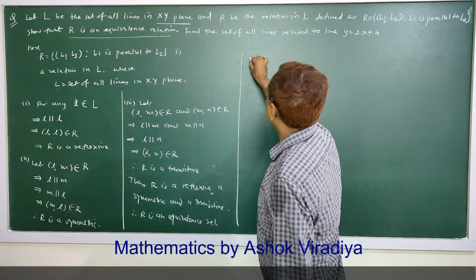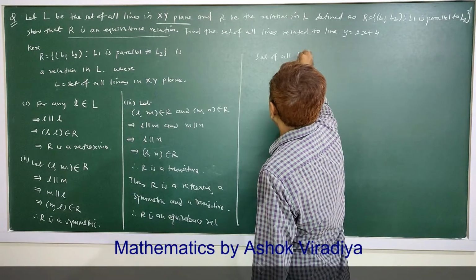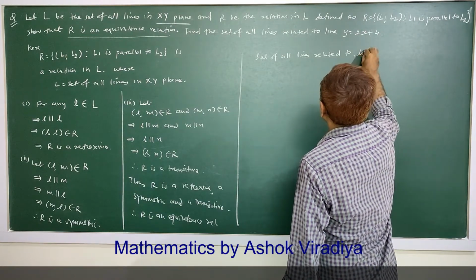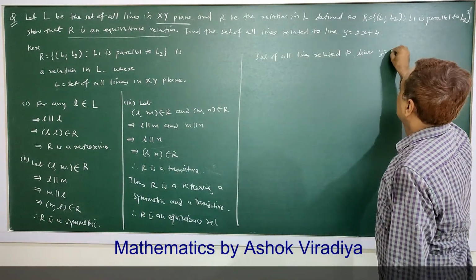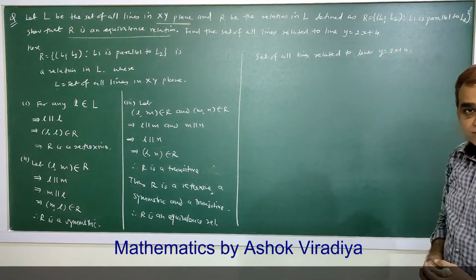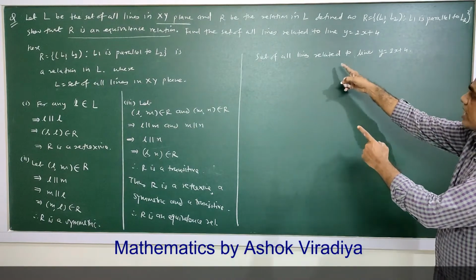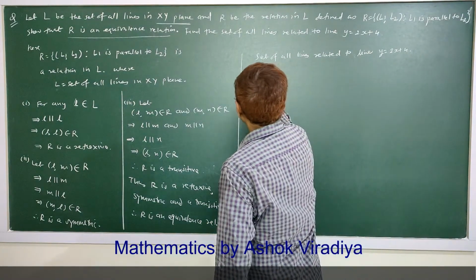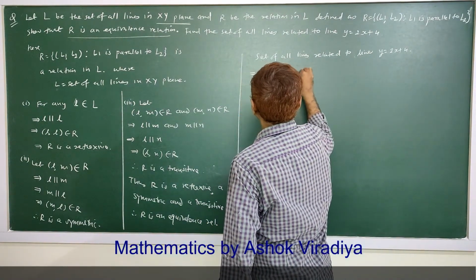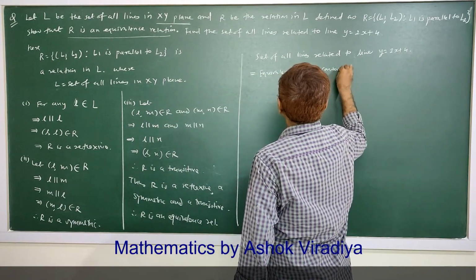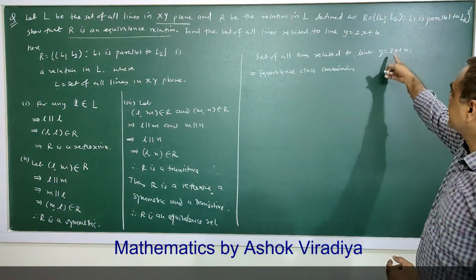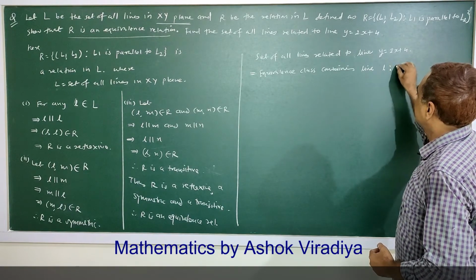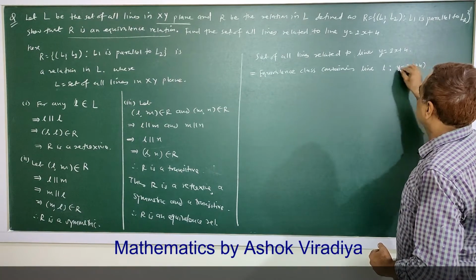Now we want the set of all lines related to the line y equal to 2x plus 4. That means the equivalence class containing this line, let me say it is L, y equal to 2x plus 4.